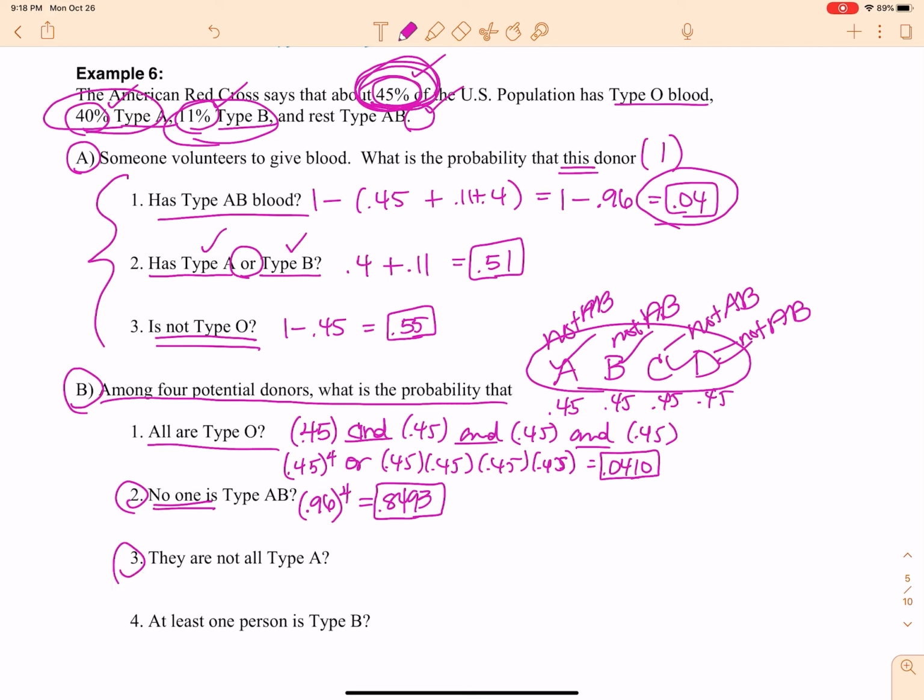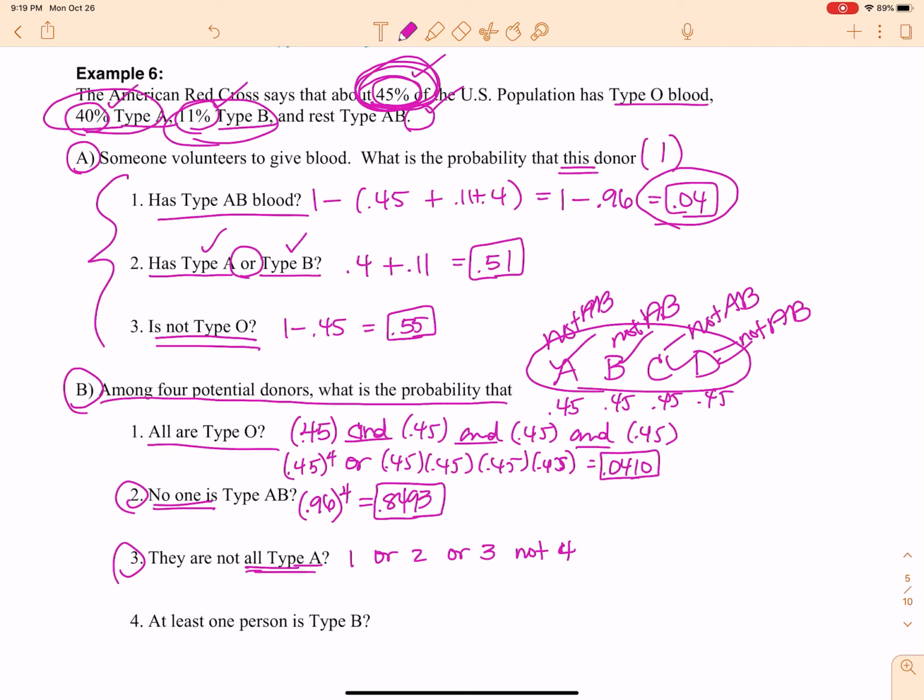Okay. Number 3, they are not all type A. This is where the wording can get a little confusing, so we need to talk through this. They are not all type A. What that means is that one of them, or two of them, or three of them can be type A, but not all of them. So not four, basically.